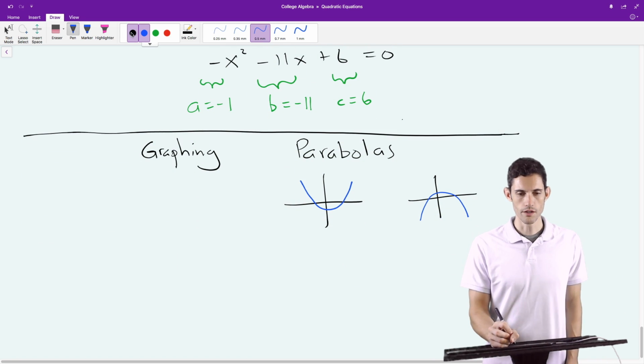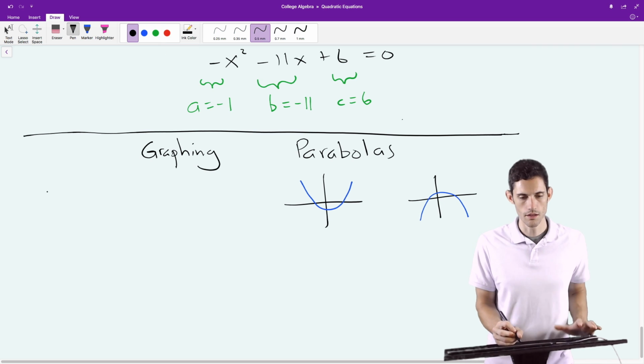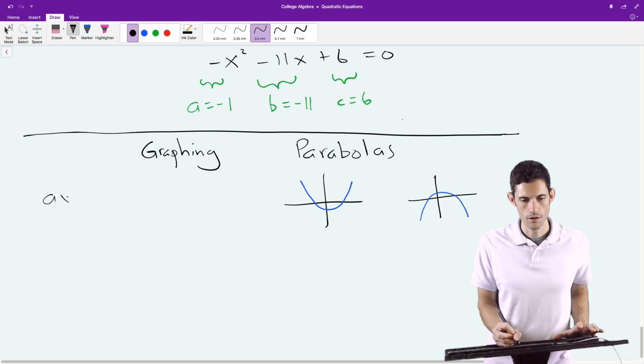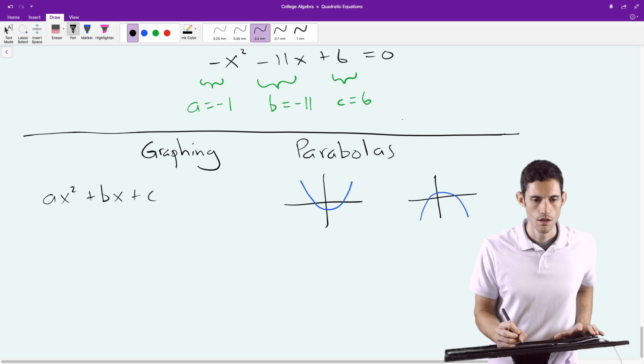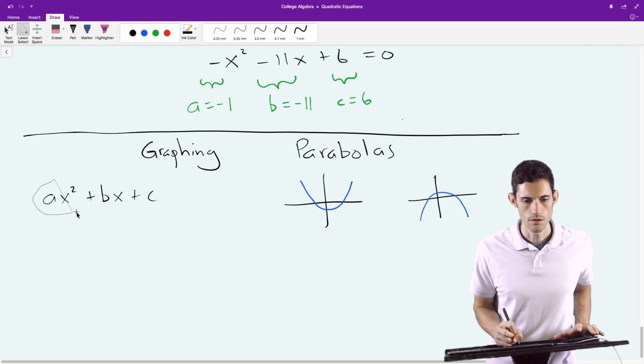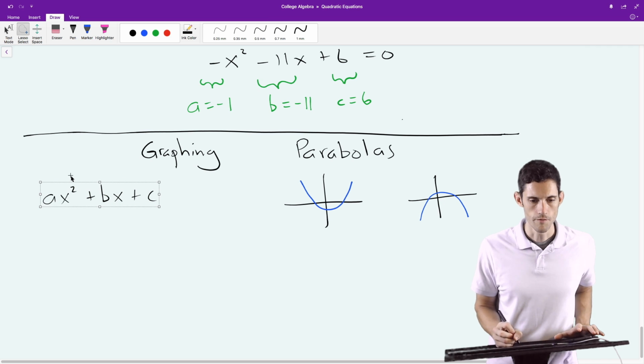And so the easiest way to draw these things is to just know that what we're drawing here is, again, ax squared plus bx plus c is equal to, well, it's not equal to 0. Let's see. This is a function.